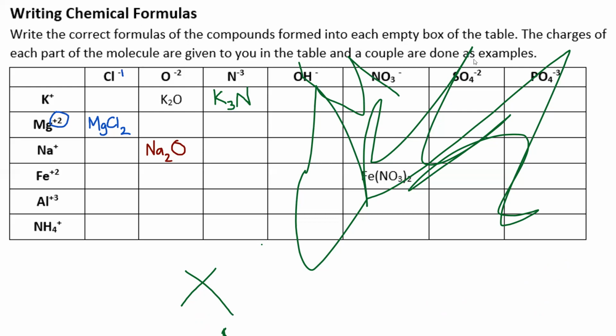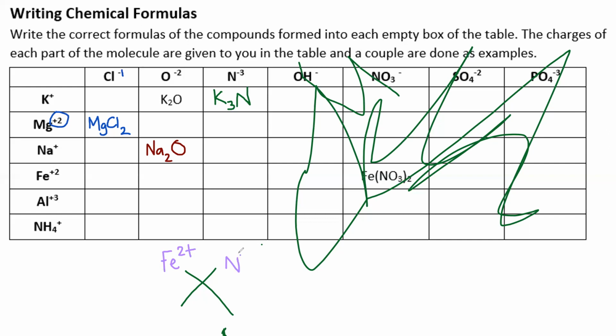Which color should I use? Let's do purple. So when we look at the next one, we've got iron, so Fe2+. And let's combine it with, we've already used all 3, let's do it with nitrogen. We haven't done much of nitrogen. So Fe2+ or +2, and then we've got nitrogen, which has a 3- charge.